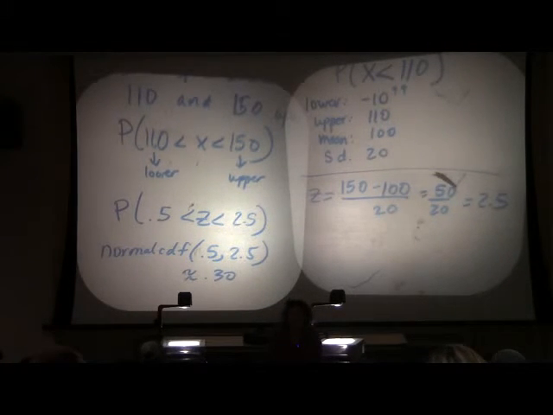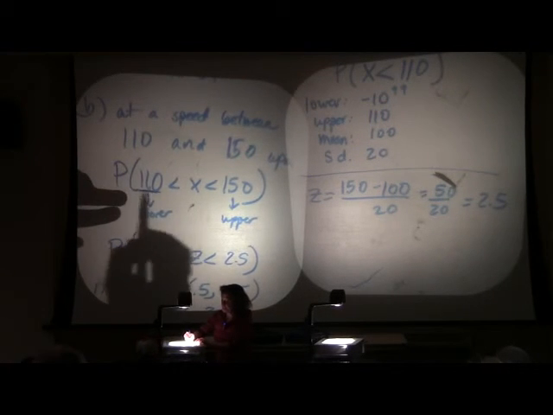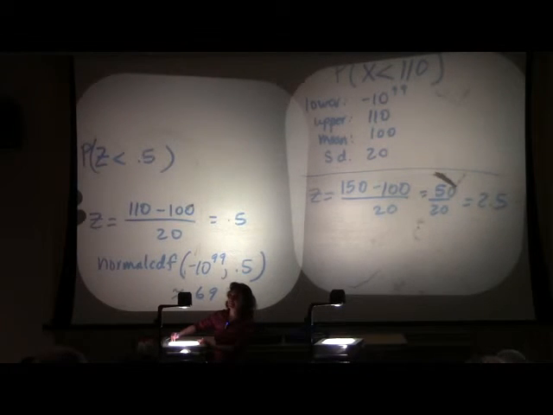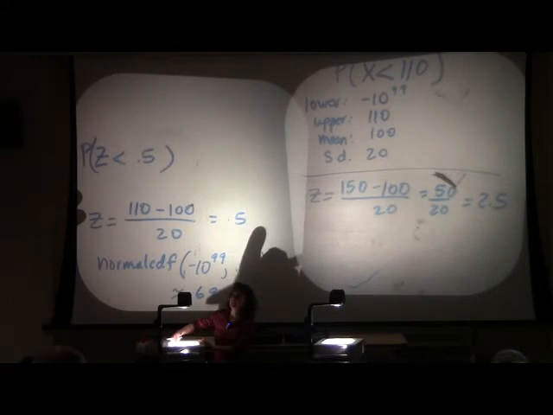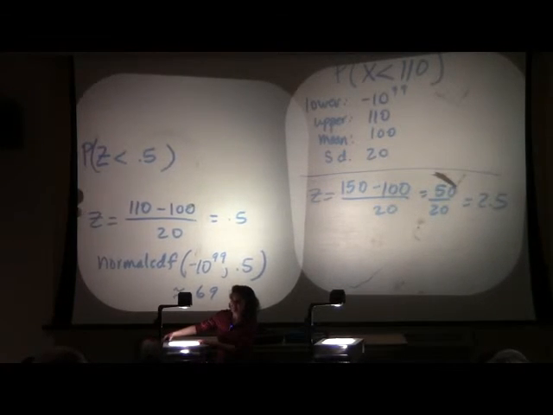Any questions on this? Why is it 0.5? Oh, because didn't we need to find our z-score for 110? But we did that up here. Didn't we have to do that for part A already? You can do it again if you want to, but you might as well use what you've already done.